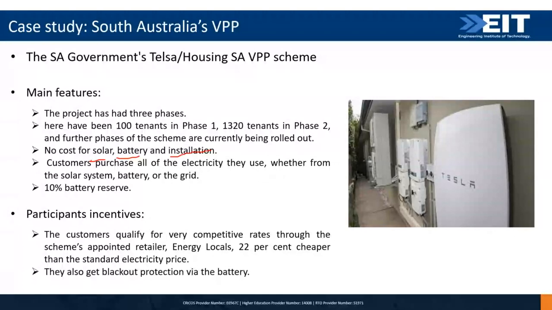But they pay at a very low rate. This rate is currently the lowest rate in Australia, and it is 22% cheaper than the standard electricity price in Australia. That can be the main incentive or motivation for people to participate in this VPP program.